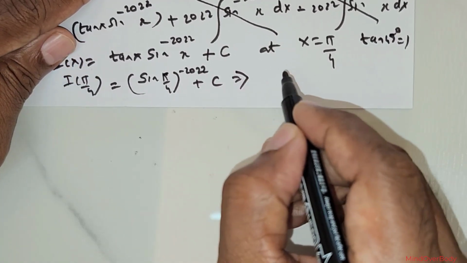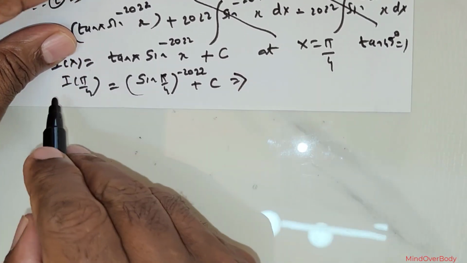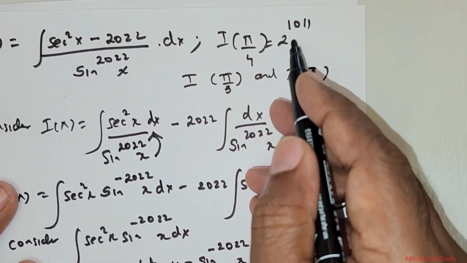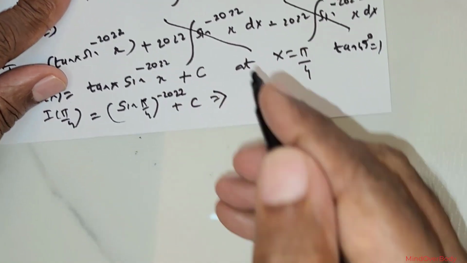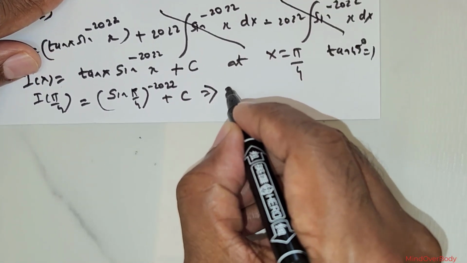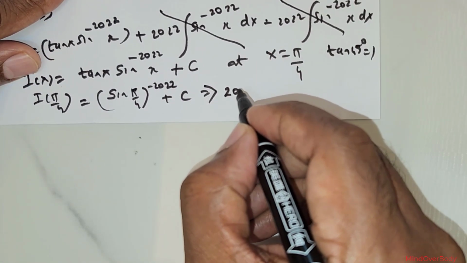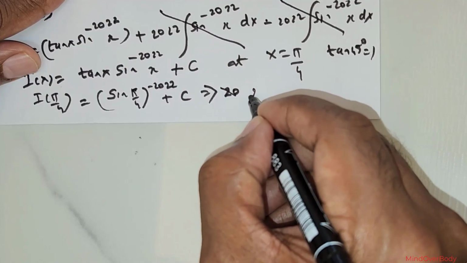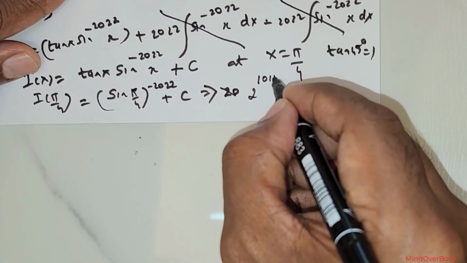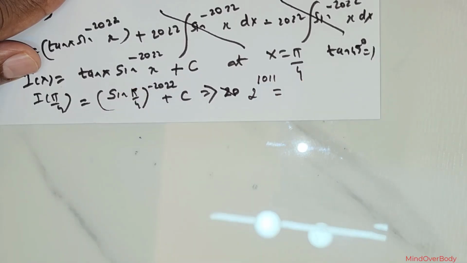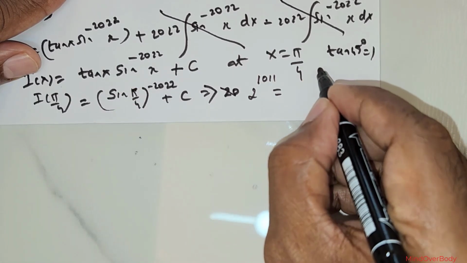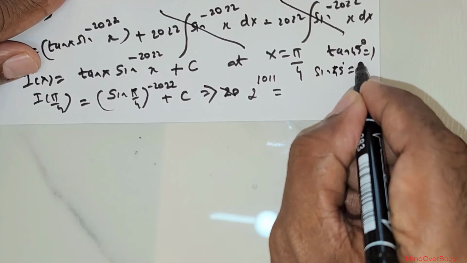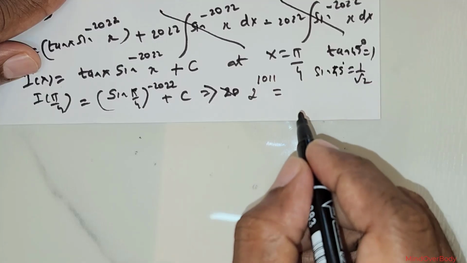Now what is this? This is going to be I of pi over 4, which is 2 raised to the power of 1011. So let me rewrite it like this: 2 raised to the power of 1011 is equal to, now sine 45 is 1 over root 2, right?